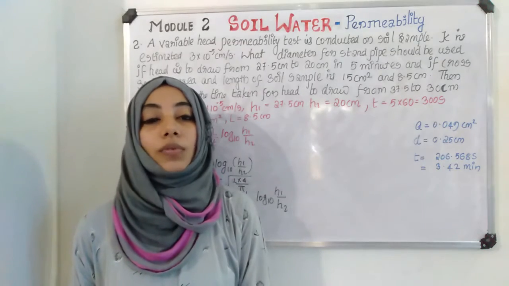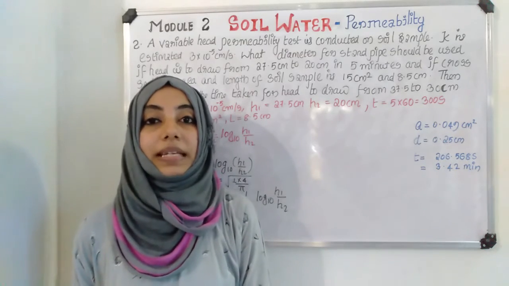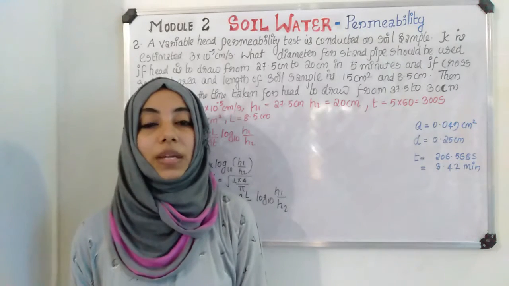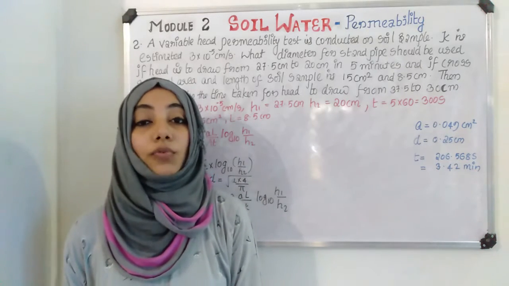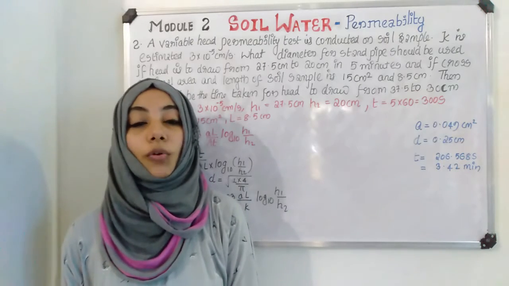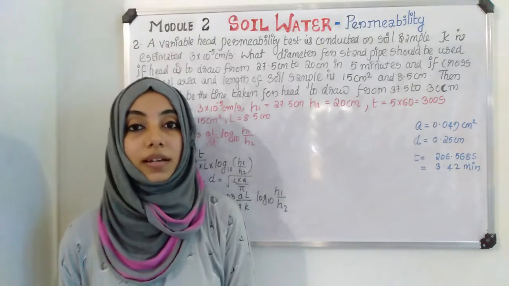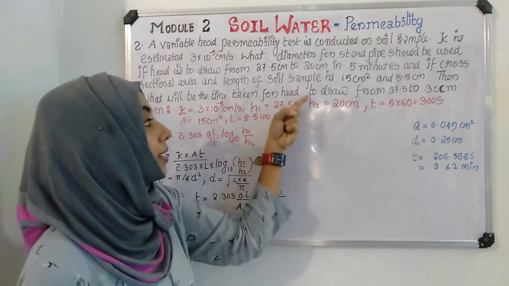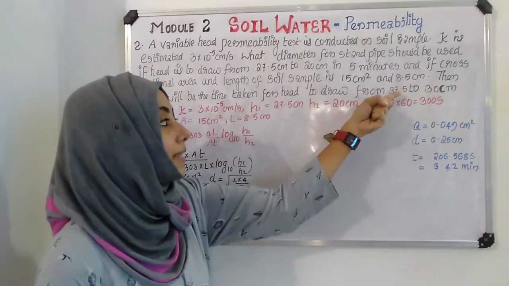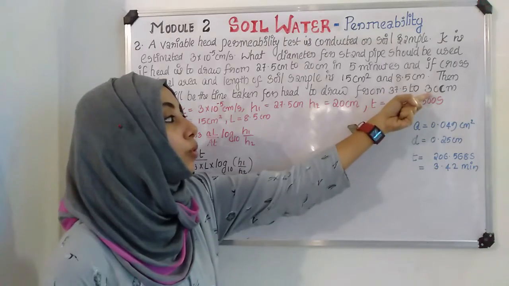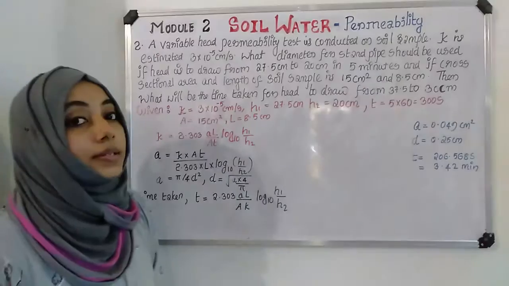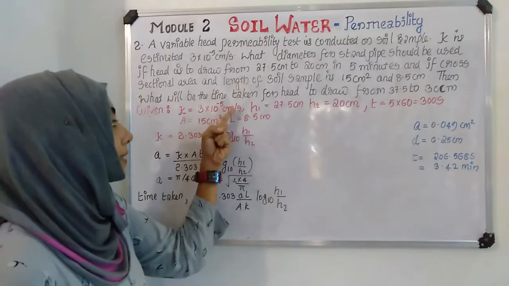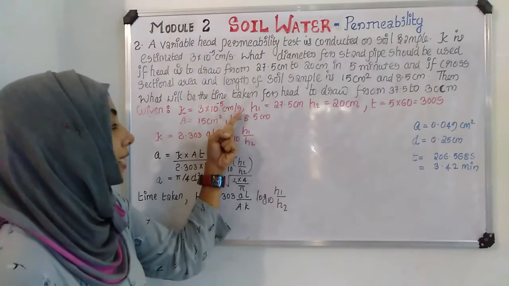So in our question, the coefficient of permeability is given as 3 into 10 raised to minus 5 centimeter per second, and we have to find out the diameter of the standpipe used, and also the time taken for head to drop from 37.5 centimeter to 30 centimeter. So the given data is K equal to 3 into 10 raised to minus 5 centimeter per second.